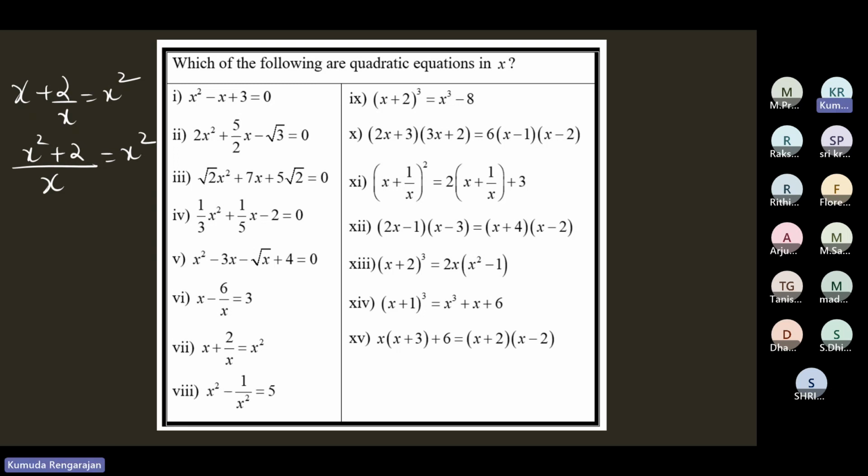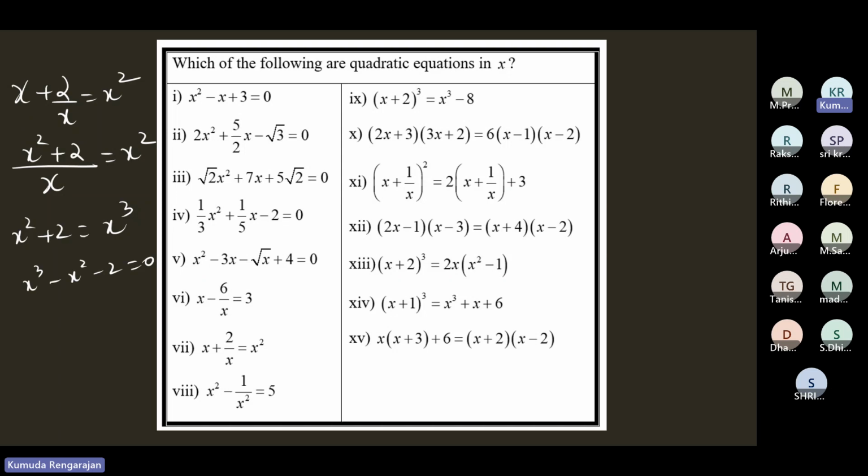Common denominator is x. So when you cross multiply, you get x squared plus 2 is equal to x cubed. So this one is x cubed minus x squared minus 2 is equal to 0. Yes or no, children? Yes, ma'am. So it's not a quadratic equation.